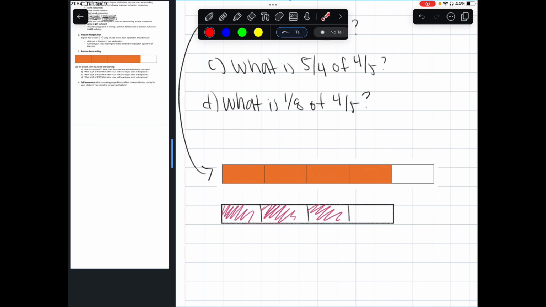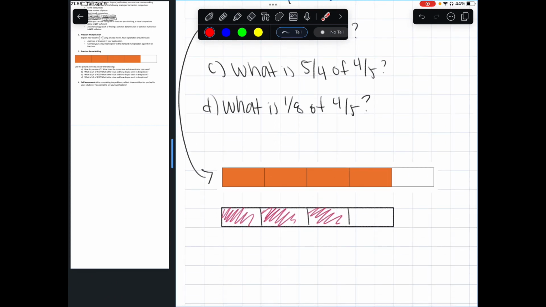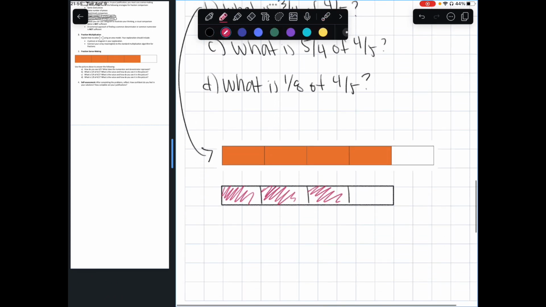So looking at this, right now what we can see, we can really just move things up, and we can say, oh, 3/4 of 4/5 is, let's actually do that math really quick.